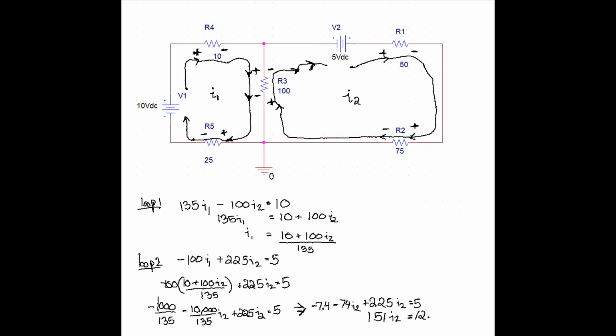So we get 151 I2 is equal to 12.4. Simply dividing 12.4 by 151 gives us 82.1 milliamps. And this value for I2 can be used to solve for the current in the first mesh.